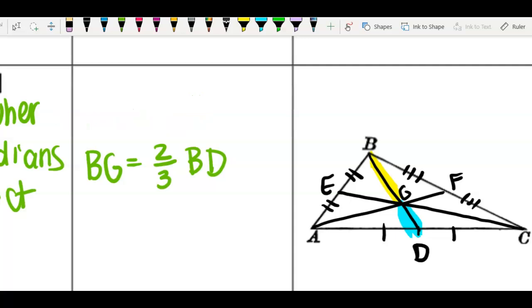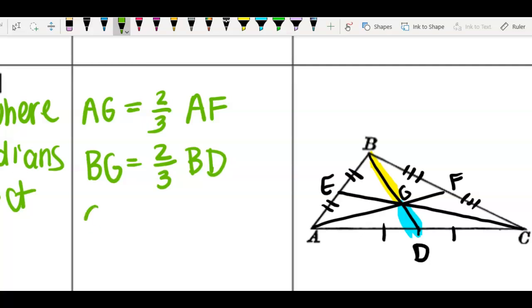Oh, I guess I read that backwards. Sorry. AG is the 2/3 of AF, and then therefore CG is the 2/3 piece of CE.